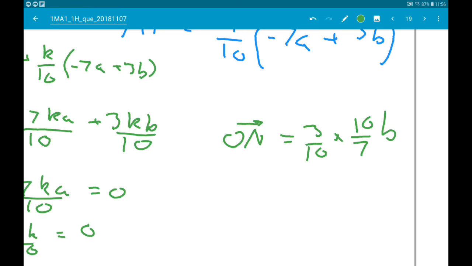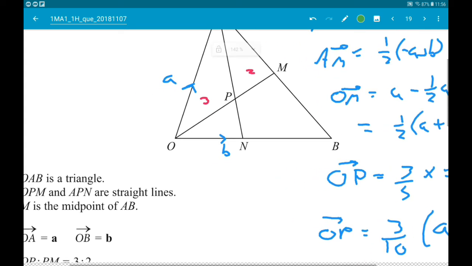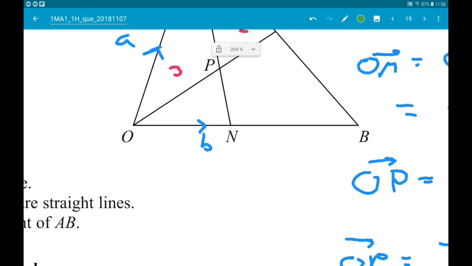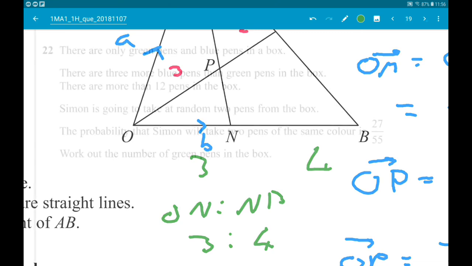The 10's cancel out, so we get 3 sevenths b. So what that tells us then is altogether this bottom line is in 7 equal parts. The first part, O to N, is 3 and b is 4. So O to N to B is 3, 2, 4. Completely disgusting question, but there we go.